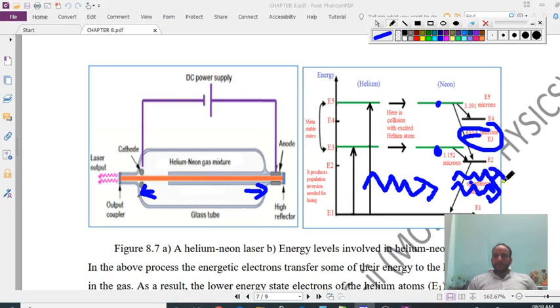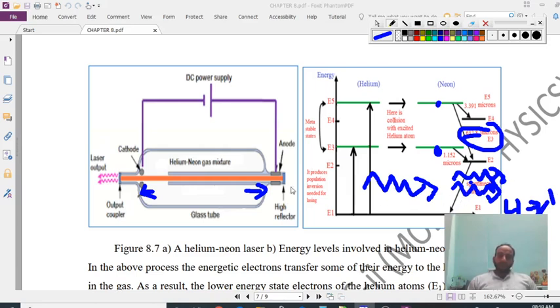These 2 photons are again reflected back from the partially silvered surface and strike the helium neon gas mixture again, and these 2 photons generate the next 4 photons, and these 4 photons generate 8 photons, and 8 generate 16, and 16 generate 32, and so on.